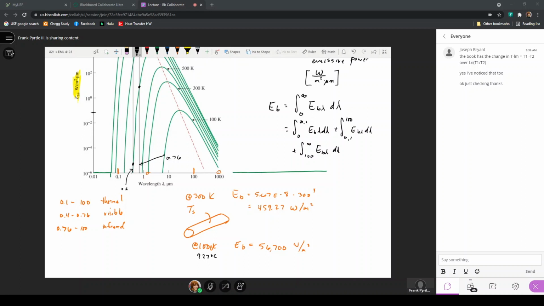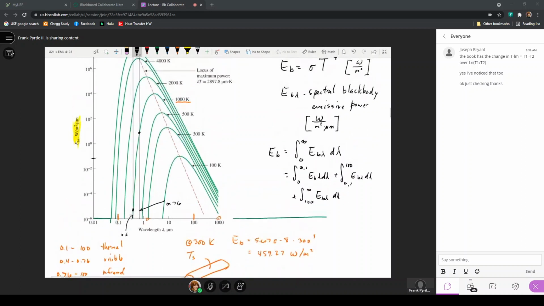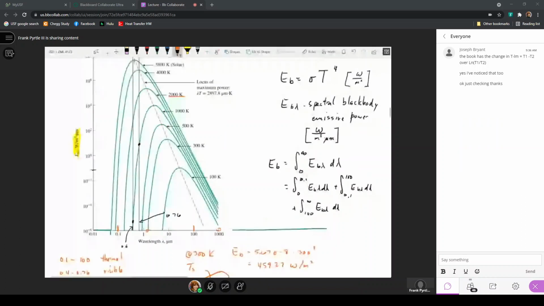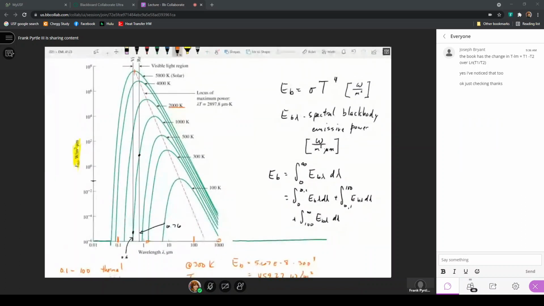Now, if I increase the temperature even more from 1,000 Kelvin to 2,000 Kelvin, of course, the peak shifts upward and it shifts to the left here. Now, notice here, when it crosses through the band that is the visible light, here I have red and here I have violet.